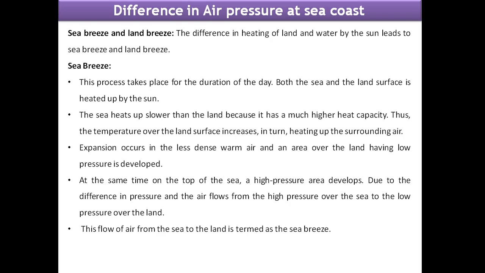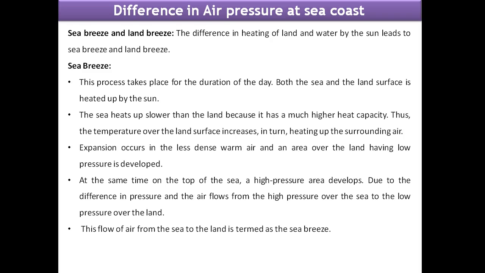The uneven heating of land and water by the sun leads to sea breeze and land breeze. Let us discuss sea breeze. This process takes place during daytime. Both the sea and the land surface are heated up by the sun.